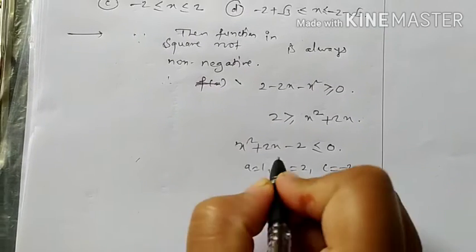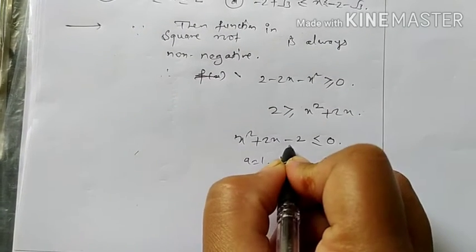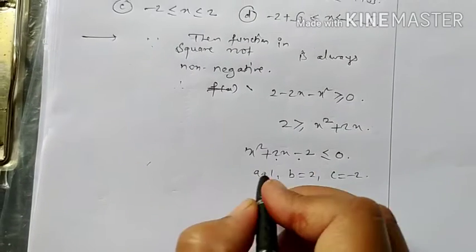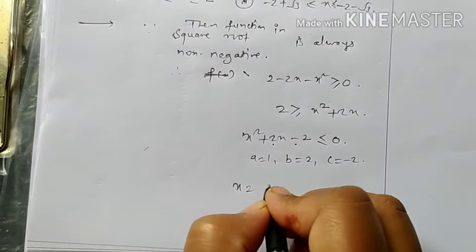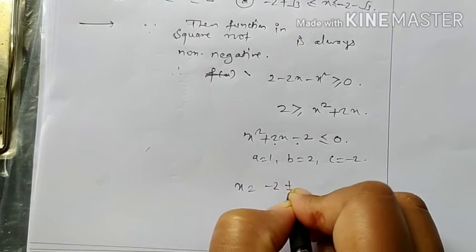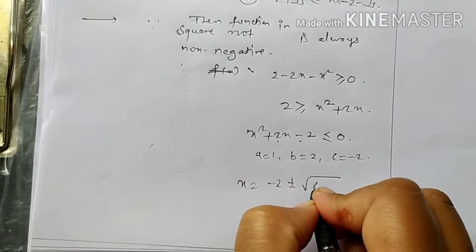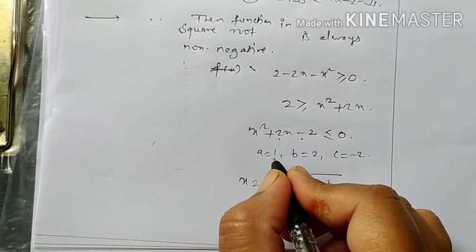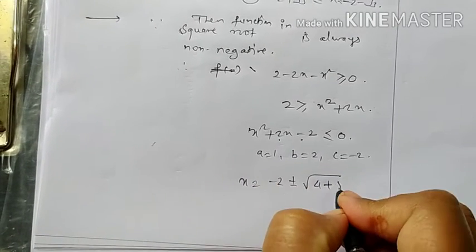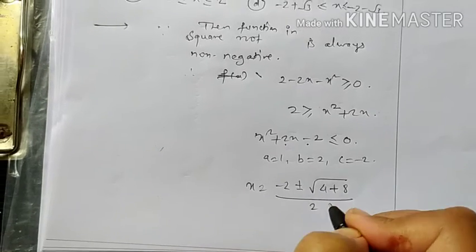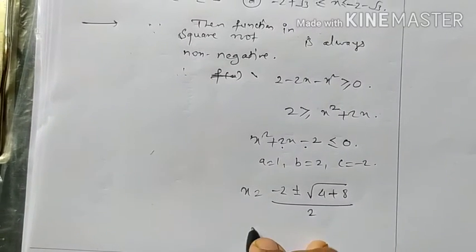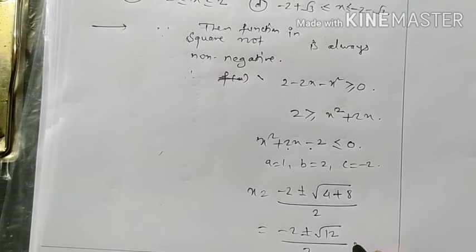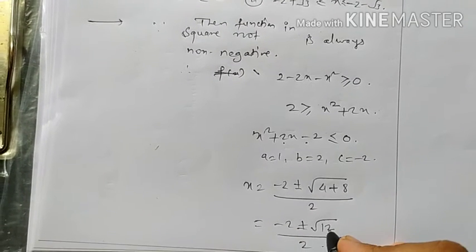So x equals minus b plus or minus square root of b square minus 4ac upon 2a. So what we have, minus 2 plus or minus square root of 12 upon 2. So 4 3s are 12, so under root 3 will be there.